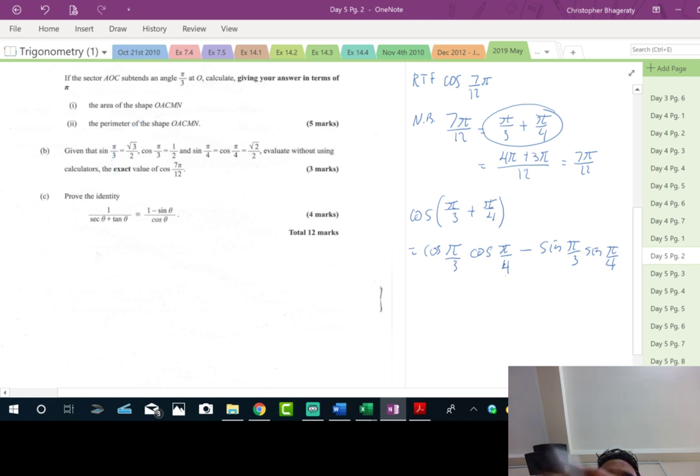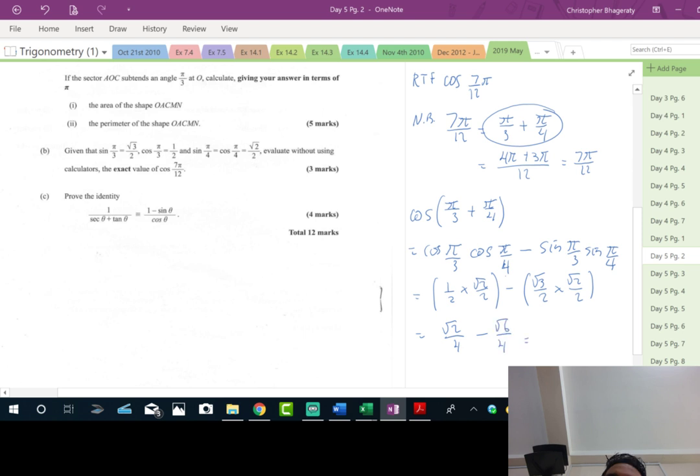Right, so cos of pi over 3, that's cos of 60, which is a half. Cos of pi over 4 is just root 2 over 2, yeah? And then we're going to minus sine of pi over 3, that's root 3 over 2, and we're going to multiply that by root 2 over 2. So 1 by root 2 will give us root 2, 2 by 2 is 4, minus root 3 by root 2 will give us root 6, that's over 4 as well.